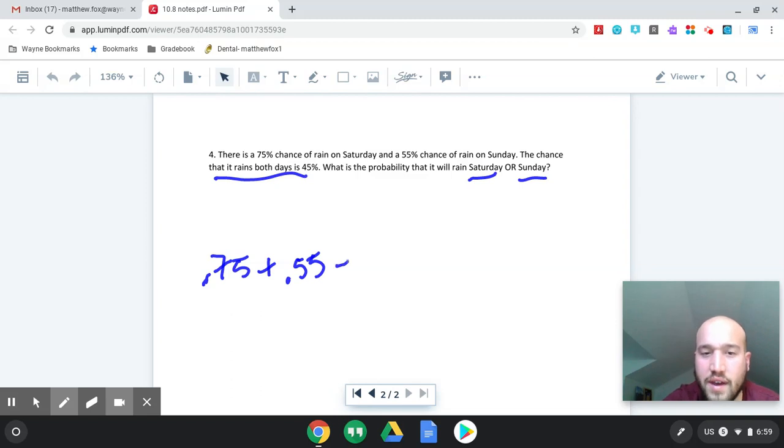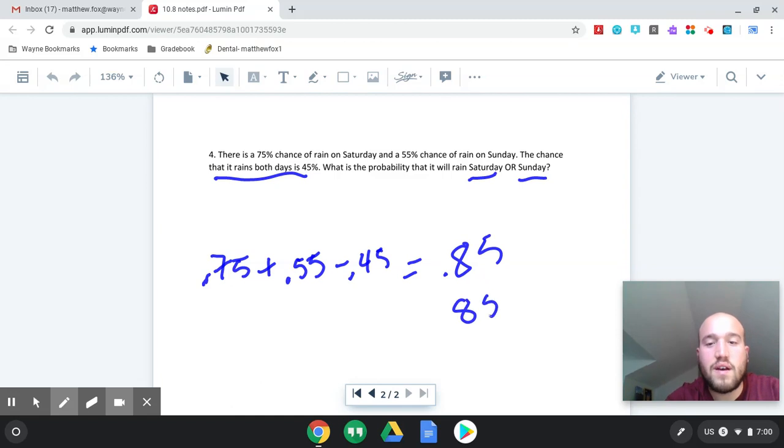So we'll subtract off that 0.45 because it has been counted for both of those days. From here, we get 0.85. If we write that as a percent, we get an 85% chance that it rains sometime over the weekend, either Saturday or Sunday.